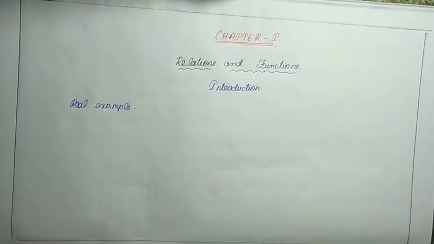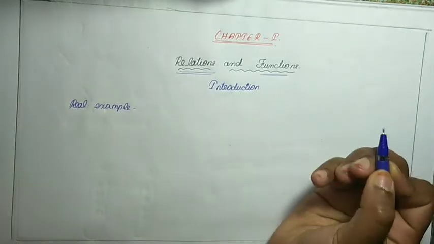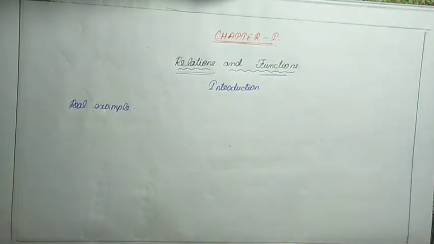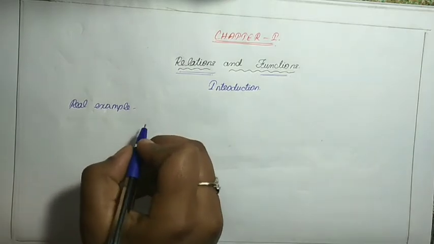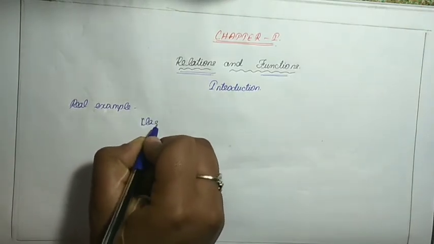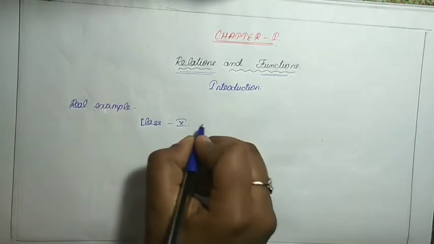So now I'm going to give you all a real life example so that you will be able to grasp the concept very quickly. First let us see relations, and then let us see functions. For relation, just consider there are some people in class 10.